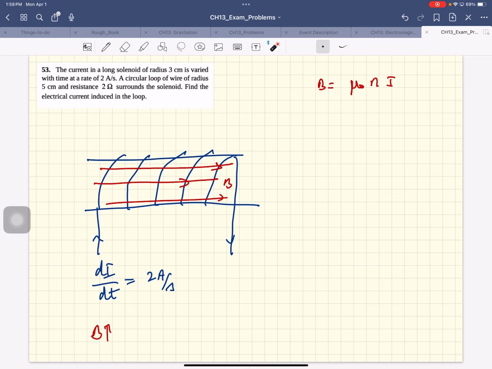And so dB by dt is mu naught n di by dt. Okay, so that's how this magnetic field is changing.